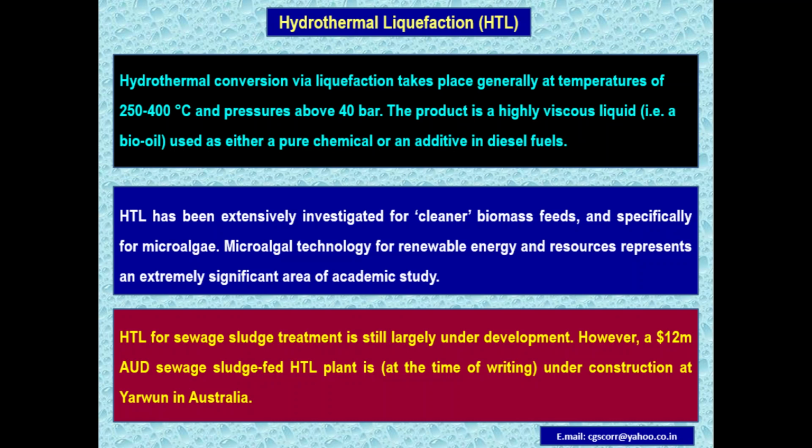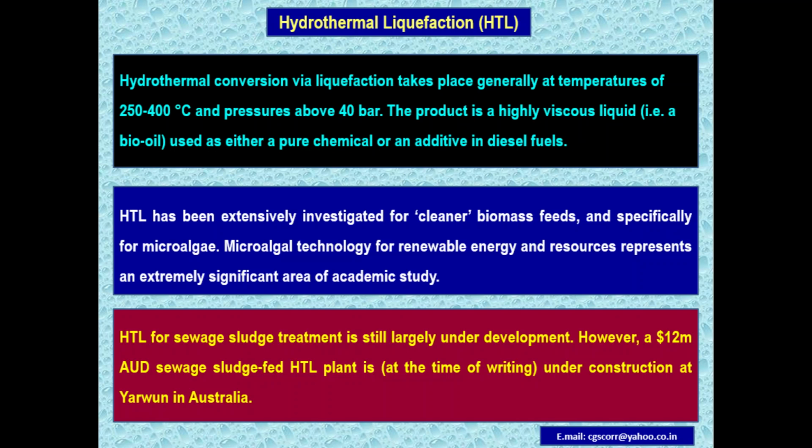Hydrothermal liquefaction, shortly called HTL. Hydrothermal conversion via liquefaction takes place generally at temperatures of 250 to 400 degrees centigrade and pressures above 40 bar. The product is a highly viscous liquid, that is a bio-oil, used as either a pure chemical or an additive in diesel fuels.